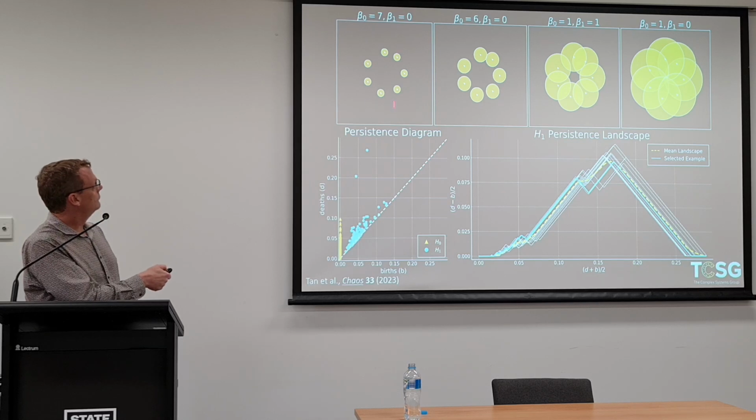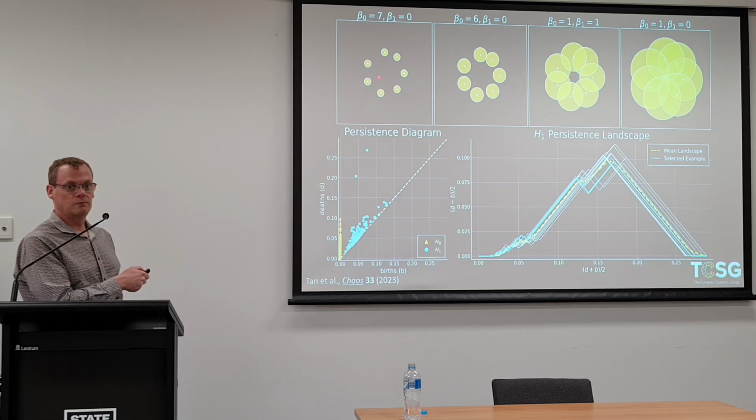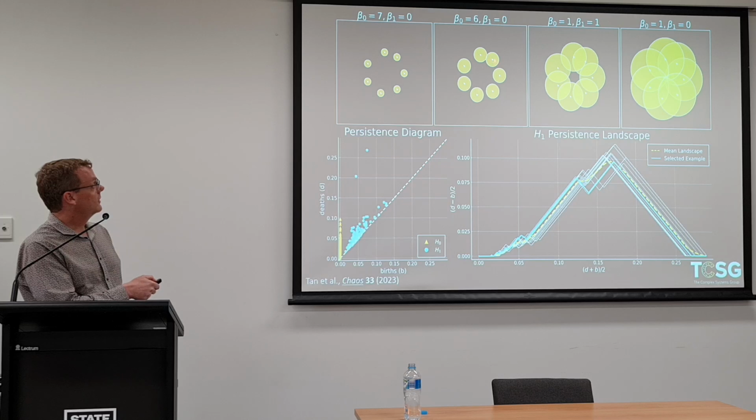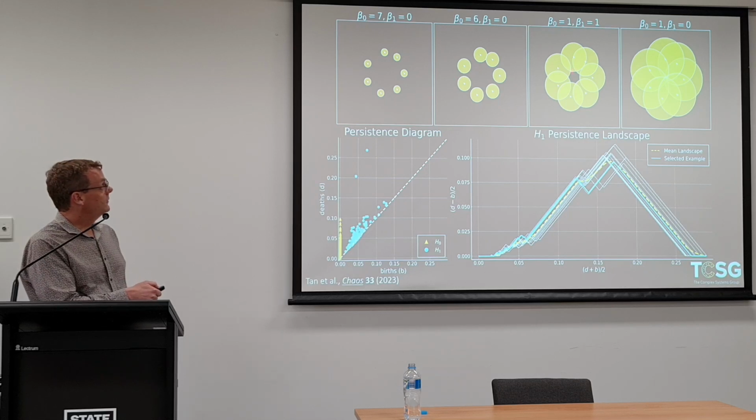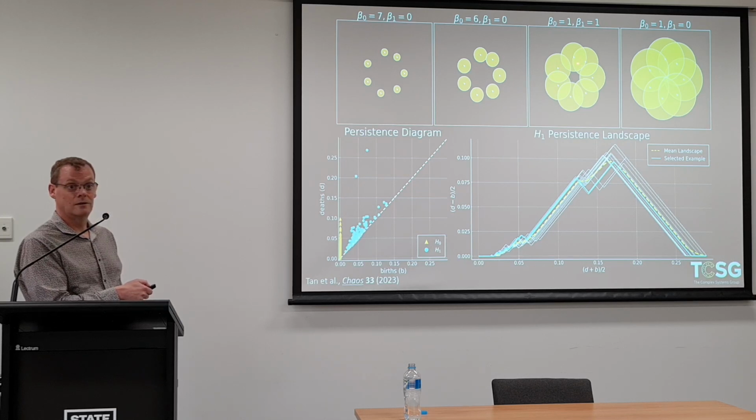For very small circle radius, nothing's connected. We've got discrete dots. When the circle radius gets big enough, these two get connected, and this connected subgraph of size 2 is created. The circles get bigger still, and now every one of those dots is connected to its neighbours, so I've got a connected ring.